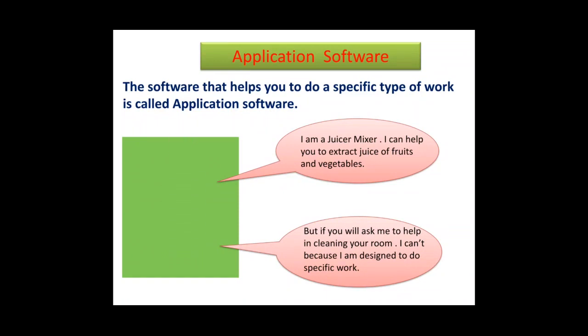If you ask me to help clean your room, only a vacuum cleaner can help you in that. I cannot help you because I am designed in such a manner that I can do a particular type of work. So whatever softwares are designed to do a specific type of work are called application software. So let's take few examples.